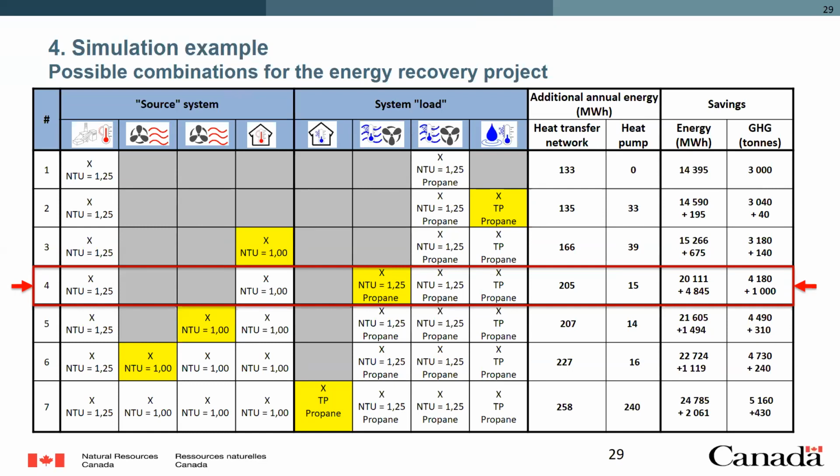Then we can start adding new systems like we did, where we added the showers for the personnel on top of the 2 that were previously in there, and then we obtain a differential of 195 megawatt hours of savings, but we did incur an additional energy expenditure for the heat pump. However, the balance was still positive.